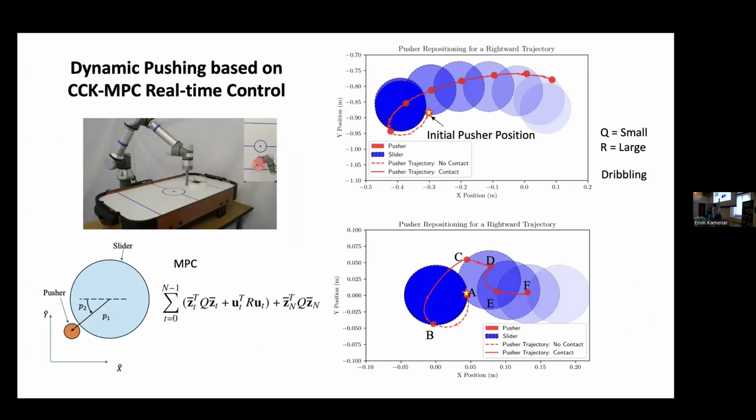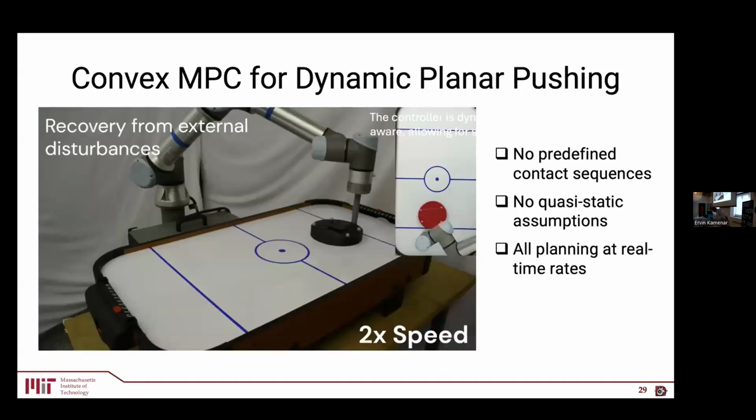In the top right figure, the initial pusher position is at the star side, and we want to push the blue plate to the right-hand side. That initial position is not the right position, and MPC discovered that it's a wrong position, so it has to go around, detach from the object, move to a next point, and then go around this. If the friction is a little too small, it's more erratic, but it still manages the manipulation.